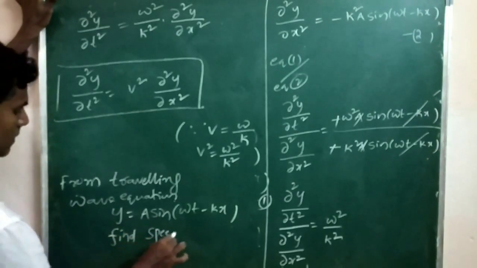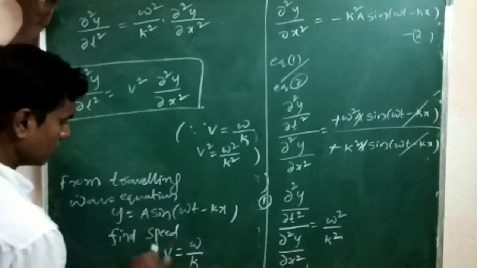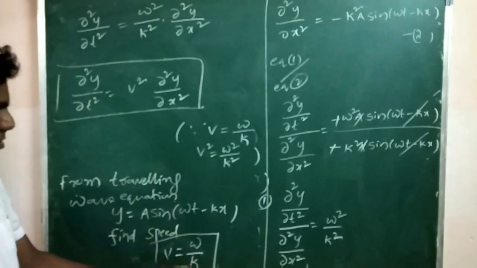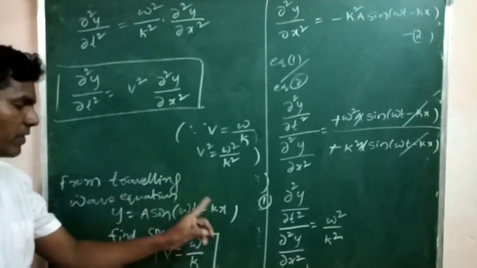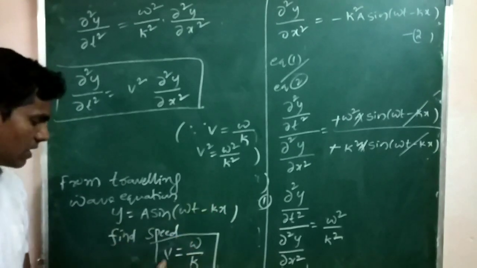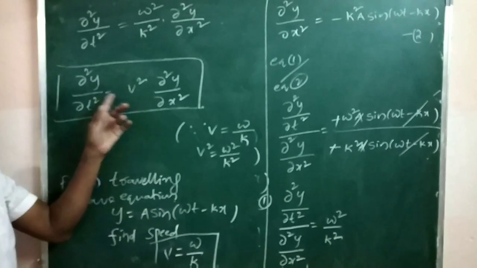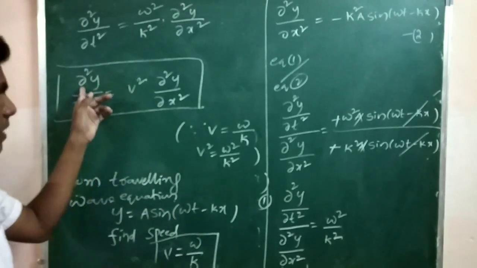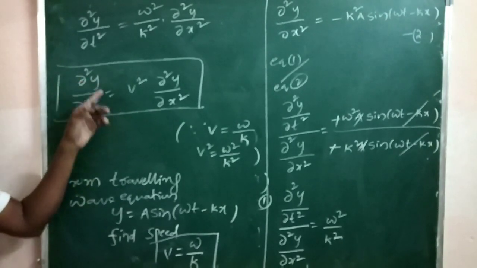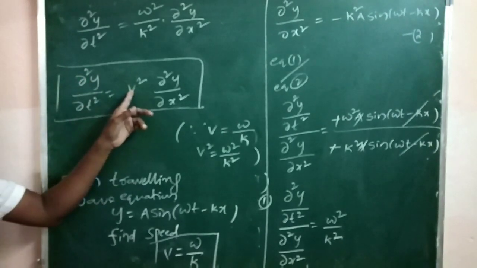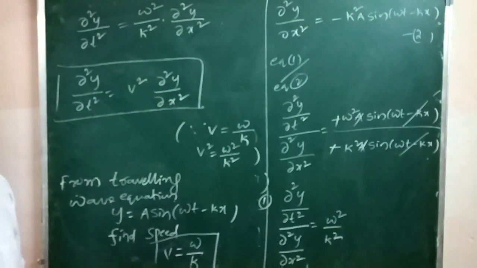The speed v equals omega by k, because it is the coefficient of the t term divided by the coefficient of the x term. That means v equals omega by k. It is the speed. This is the differential wave equation. The differential form of the wave equation is del square y by del t square equals v square into del square y by del x square.